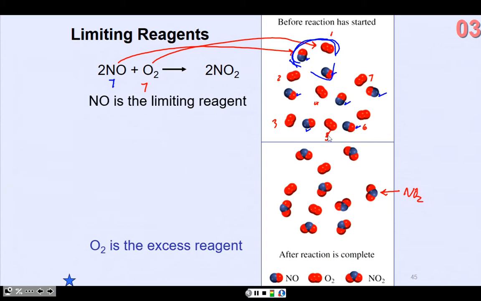So after the reaction is complete, you will have made some of the molecules. Let's see, 1, 2, 3, 4, 5, 6, 7. They didn't count these up right. They got 8. It's not exactly pictured correctly. Sorry about that. But you only make as many nitrogen dioxide molecules as the nitrogen monoxide will allow. In other words, unless I counted wrong, if you only had 7 nitrogen atoms to start with, you're only going to get 7 to end up there.